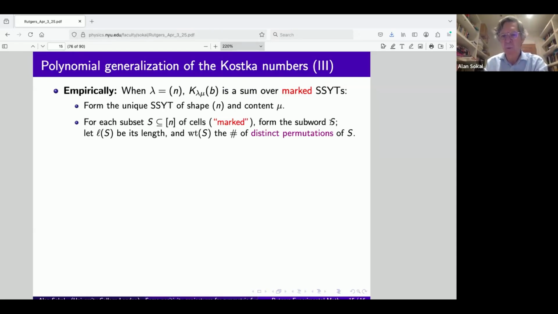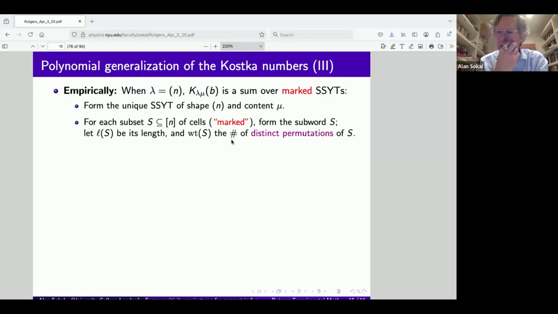I form the subword consisting of those cells. Let L of S be its length, and let the weight of S be the number of distinct permutations of those marked cells. So for example, if the marked cells are 1, 1, 1, there's only one way to permute them, so the weight is 1.